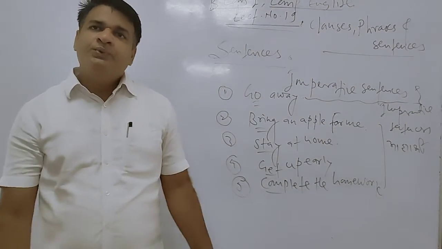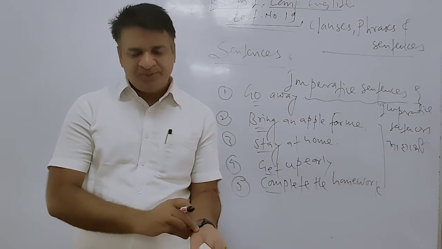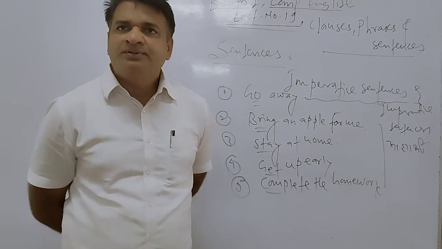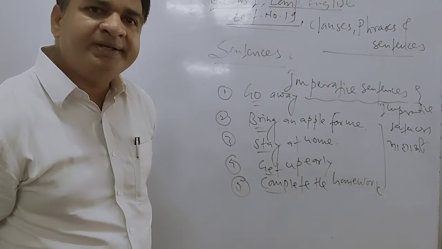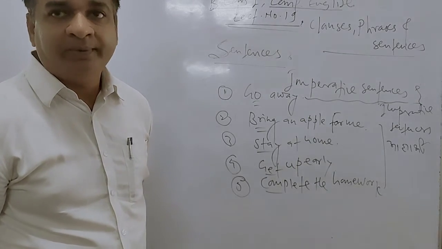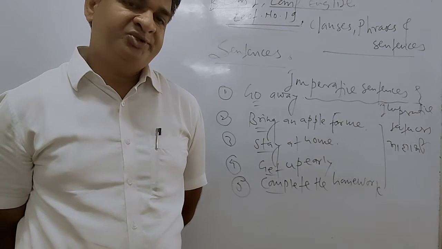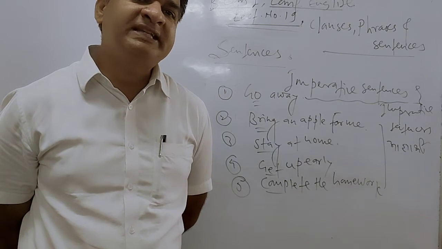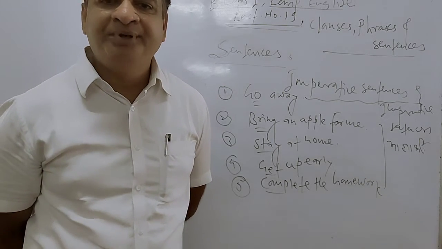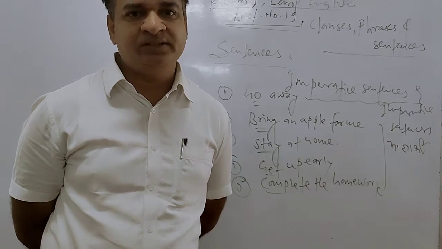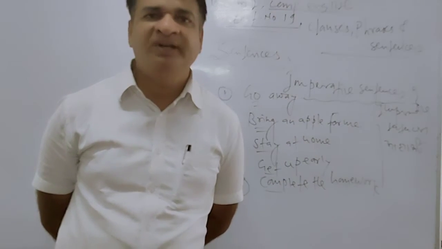So when you identify a sentence, you have to identify it by its structure. Imperative sentences always begin with a verb: go, write, sleep, wash, clean, bring, pass, sit down, get up.